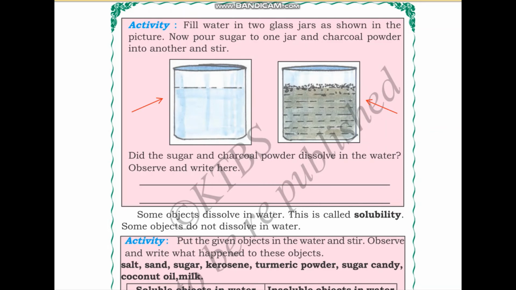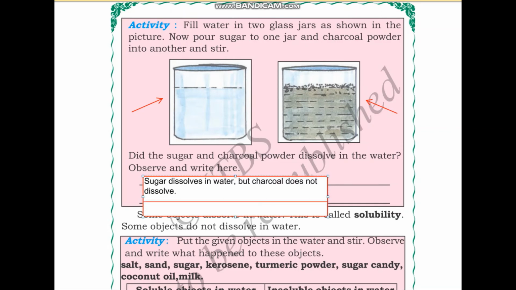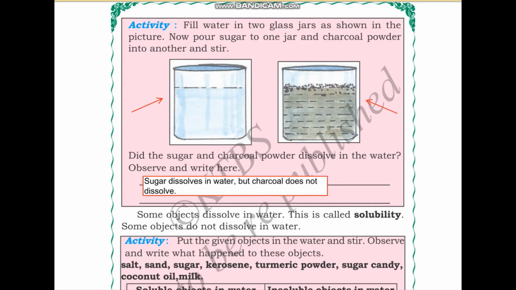Write your observation here. We will be able to see that sugar dissolves in water, but charcoal does not dissolve. So only sugar dissolves in water, whereas charcoal powder does not.